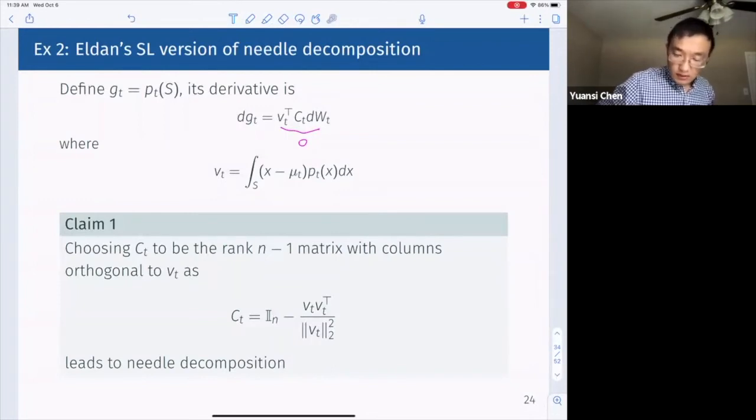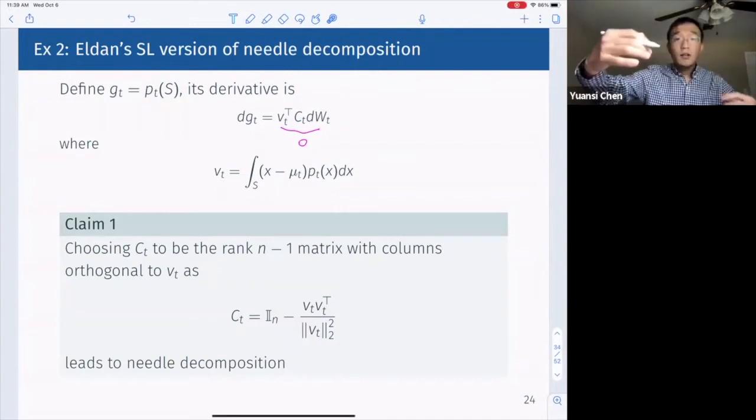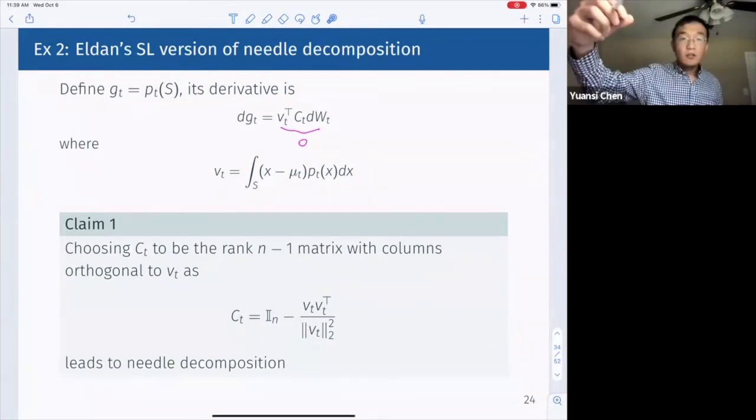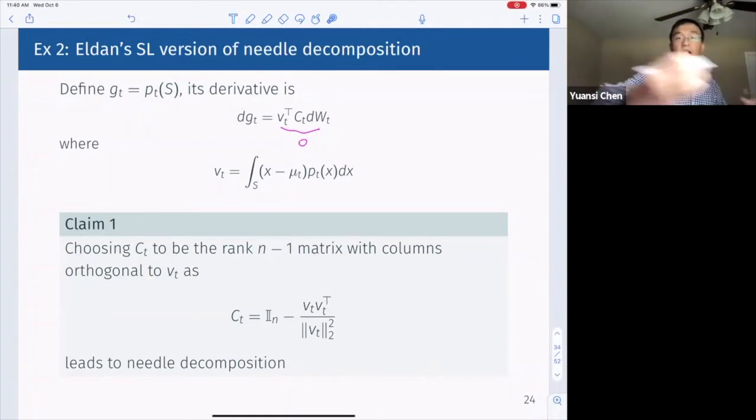That means the volume of P_t(S) always stays the same. And what is also special about this is that this is a rank n-1 matrix. So you will add a Gaussian part to your density, but not in all directions. There's some direction that is left when you add the Gaussian part. And if you add more and more, it can only leave one direction that does not have Gaussian part. The other directions have Gaussian part that accumulates, and the variance will decrease.